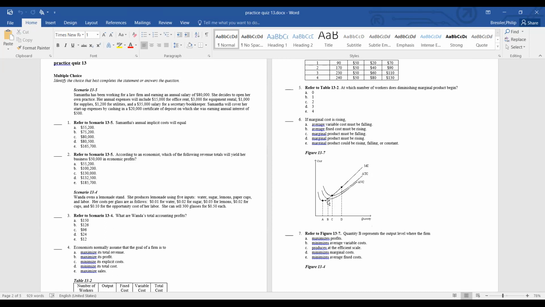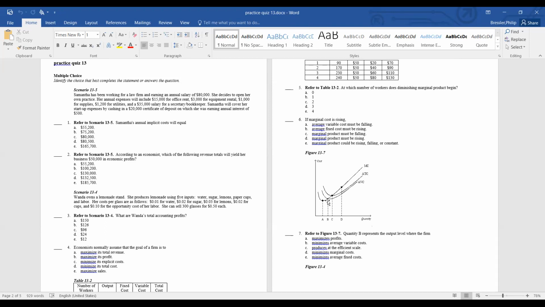And then I want to talk about economies of scale. Economies of scale has to occur in the long run, so there are no fixed resources. You have the first level: output goes up, ATC goes down.